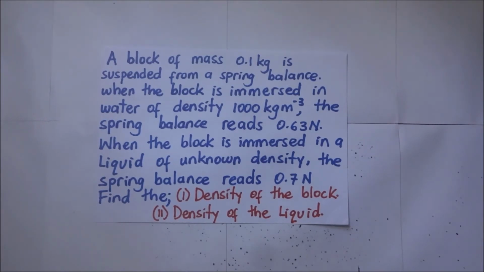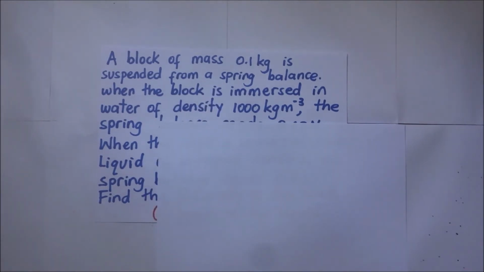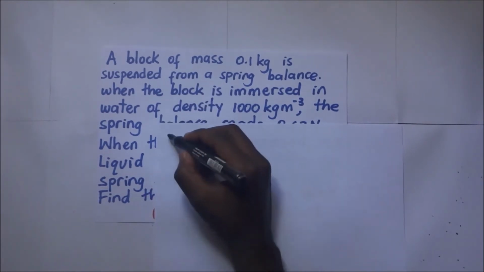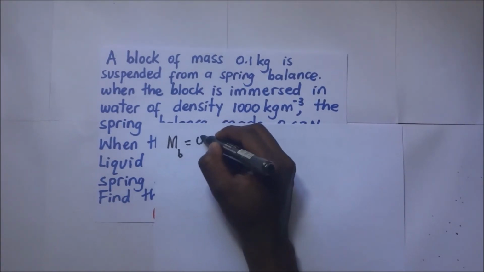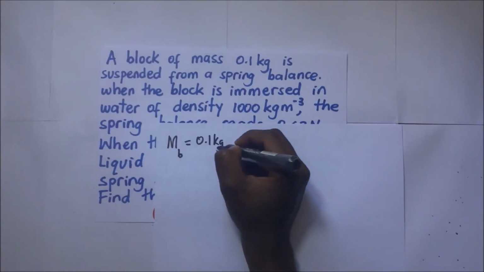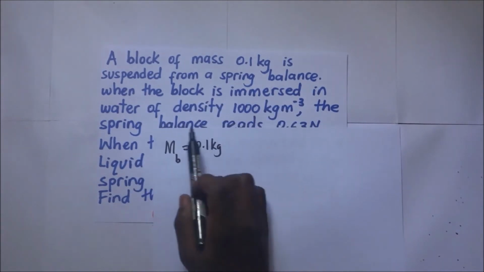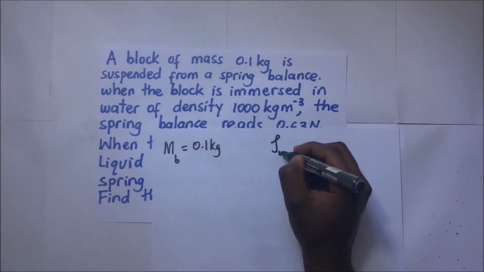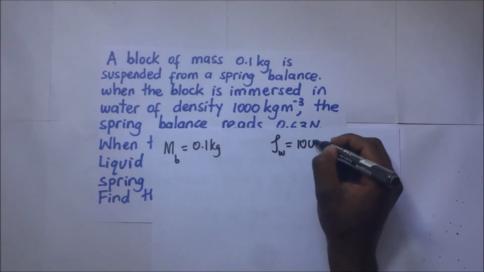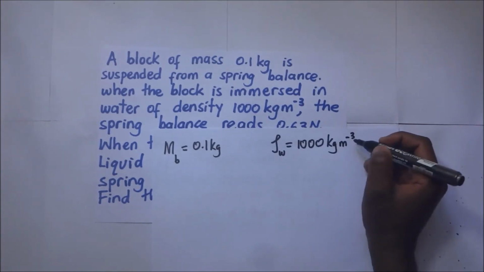So we'll go ahead and first summarize this question. We're talking about a block having a mass of 0.1 kilograms, so the mass of the block is 0.1 kilograms. It is suspended from a spring when the block is immersed in water of density 1000 kilograms per meter cubed.